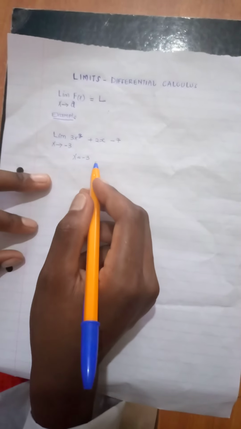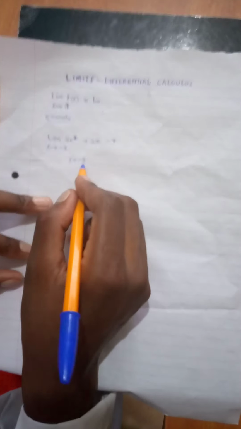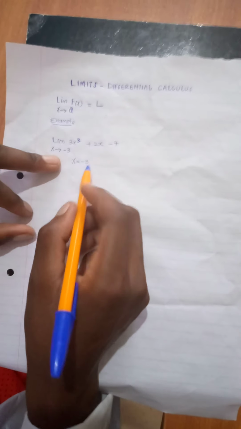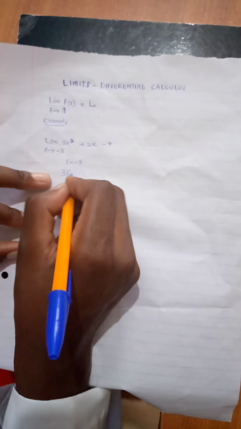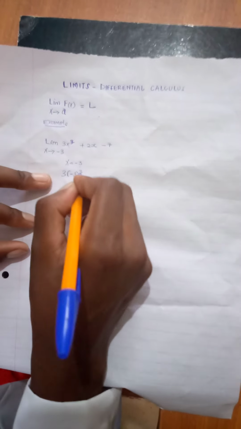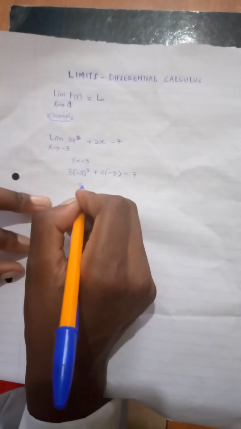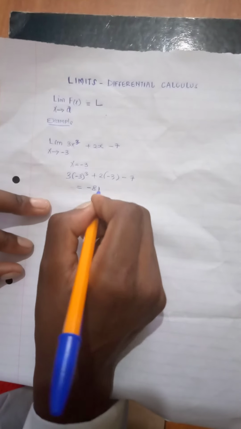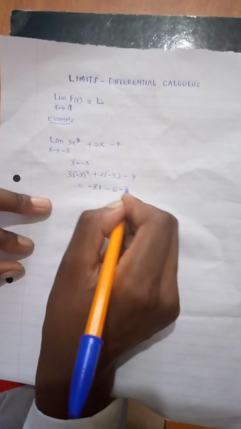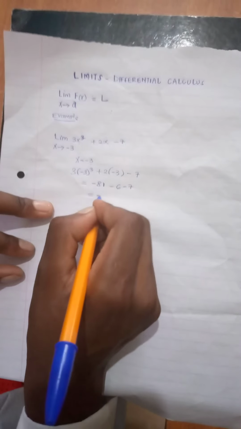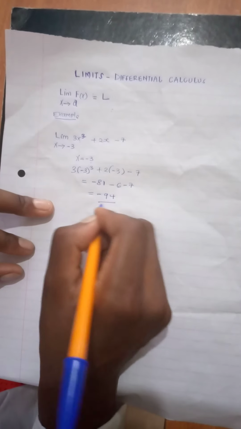Then it's just a matter of substituting negative 3 wherever you see x. Now it will be 3 times negative 3 cubed, plus 2 times negative 3, then minus 7. So this is negative 81 minus 6 minus 7. Then the answer is negative 94.